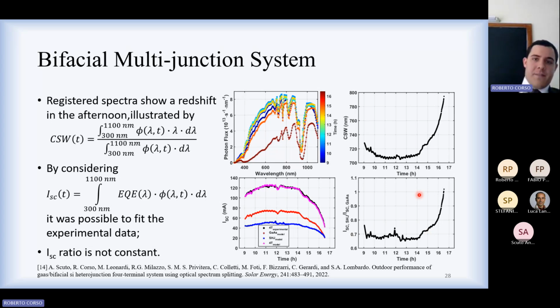It is that if I were to connect these two components in series, I could tweak the thickness of each component as I did in the previous study in order to configure the system for this current ratio, which means bringing this value closer to 1. But then I would lose the electrical series coupling in the afternoon as the solar spectrum shows this redshift.